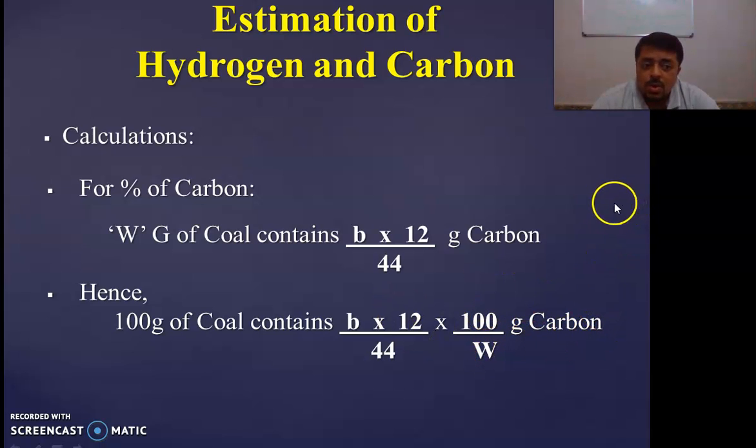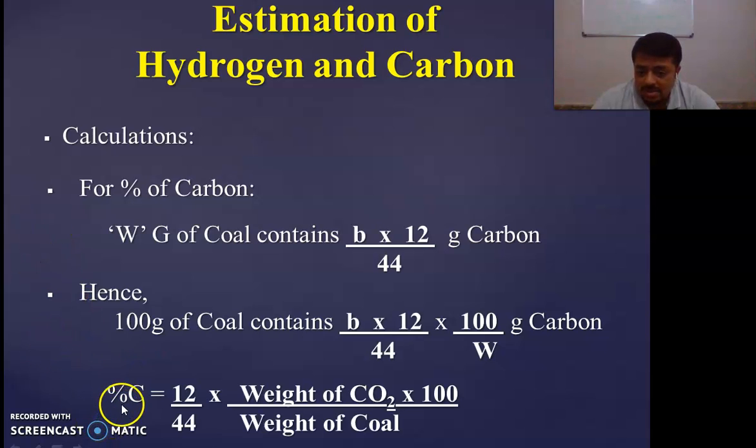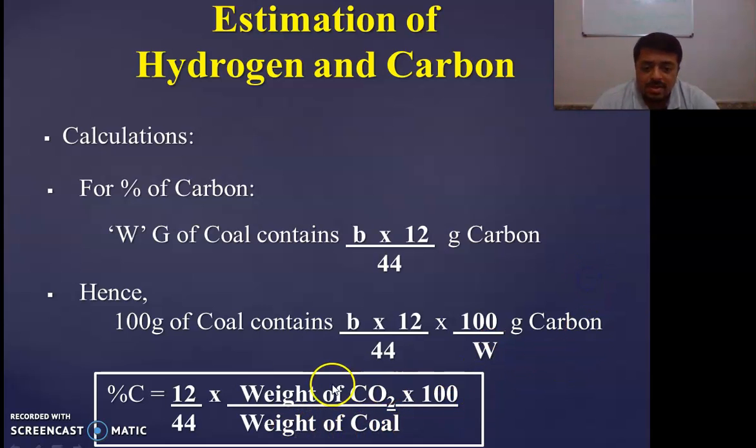So percentage carbon is equal to 12 divided by 44, multiplied by B, the weight of CO2 generated, multiplied by 100 divided by W, the weight of coal sample taken for the experiment. Here is the formula.